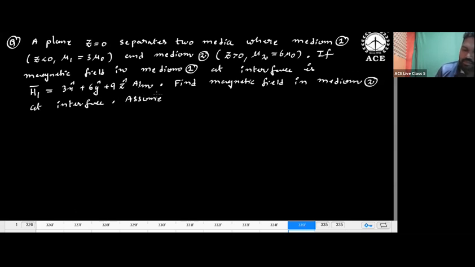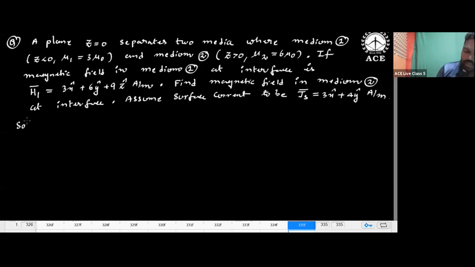Assume surface current to be Js is equal to 3x cap plus 4y cap. Units are ampere per meter.